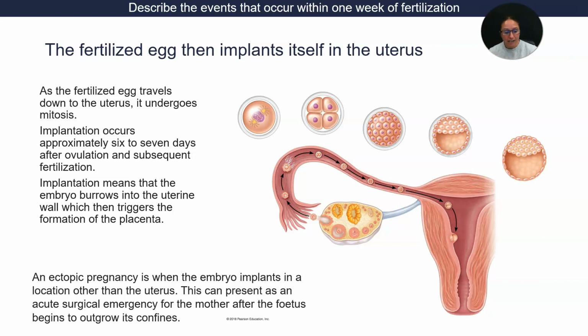So that's what it means when it's an ectopic pregnancy: the little embryo should have burrowed in here or there, just on either side of the uterus. If it's burrowed in somewhere else, it shouldn't be there, okay? It can pose a risk.